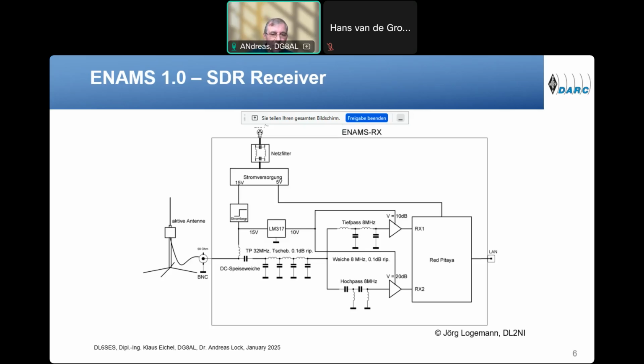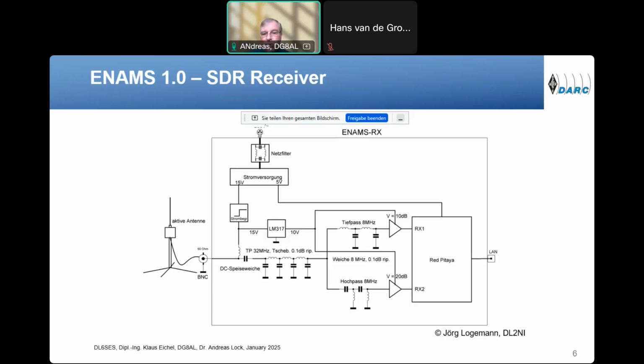So to provide the energy for the active antenna, the signal then goes over a low-pass filter with a cutoff frequency of 32 megahertz, and reaches a diplexer. So we have a low frequency part, the Tiefpass, which has a cutoff frequency of about 7.5 to 8 megahertz, and a subsequent gain amplifier with 10 dB gain.